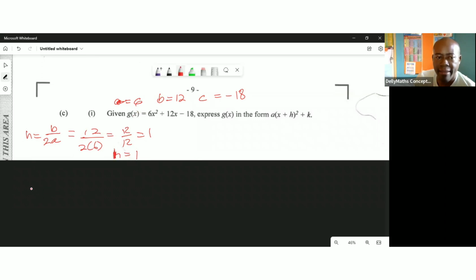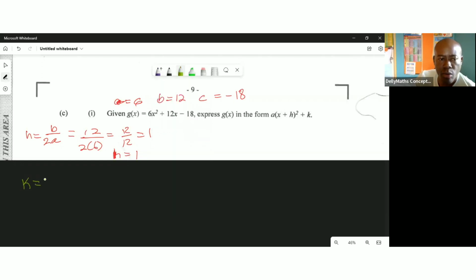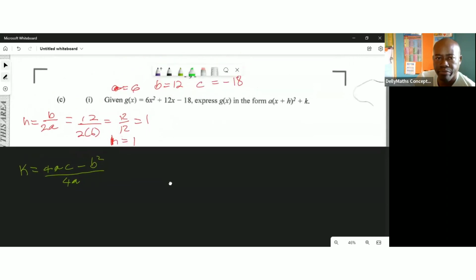I could find my k value right now. All right. So in going for my k value, I could say, well, k is equal to 4ac minus b squared all over 4a. So that's just one way of doing it. I'm saying that there are a number of approaches. So I'm just approaching it like this.